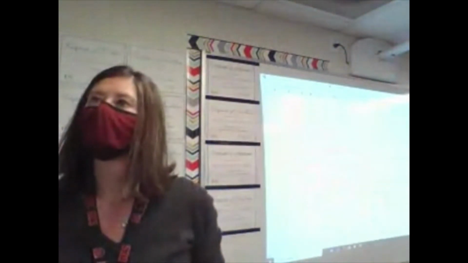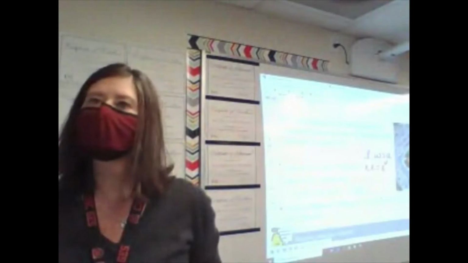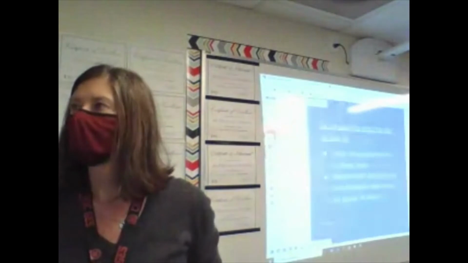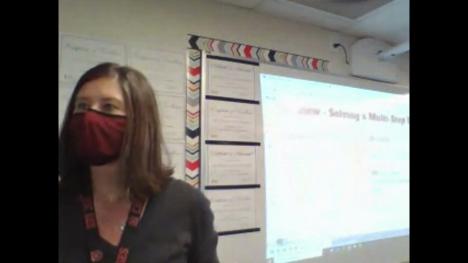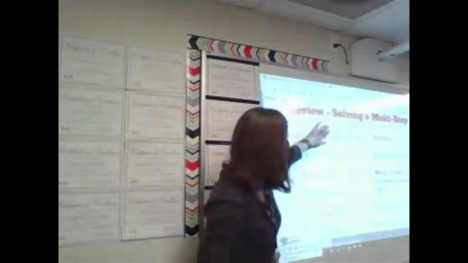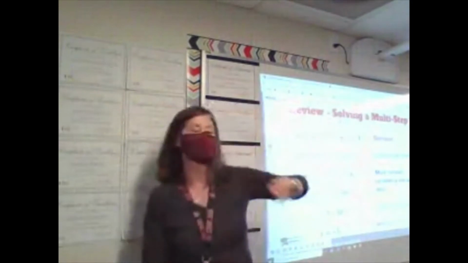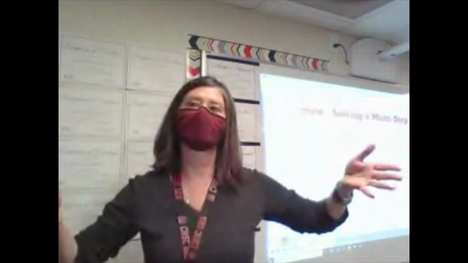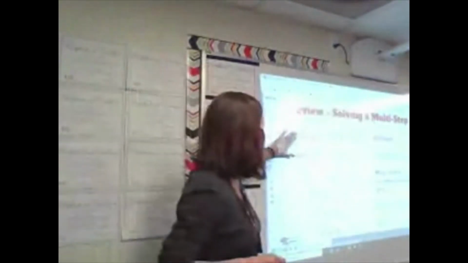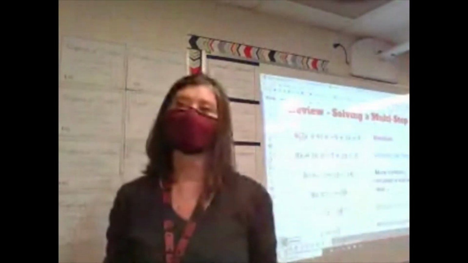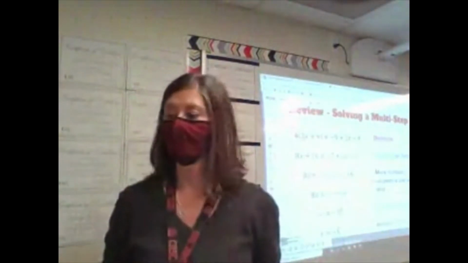So, here in the slides, I put an example of solving a multi-step equation like we were talking about yesterday. So we've got this big old equation right here. We've got 4 times, in parentheses, 2x plus 4. So 4 groups of 2x plus 4 equals -5 plus 2x minus 9.